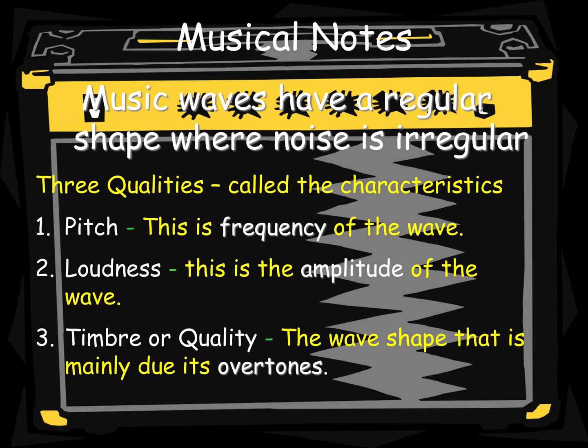And finally, the one I've already mentioned, timbre, or quality, we can easily say. It's the shape of the wave. And the shape of the wave is formed by the number of overtones, by how many harmonics are mixed with the fundamental wave to give it a slightly different shape from the usual sine wave that you are looking at.